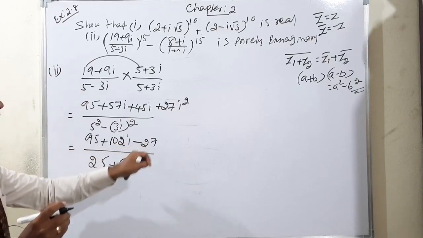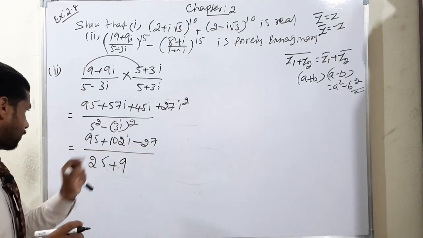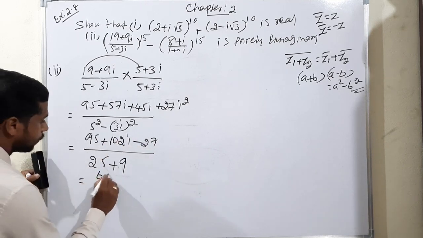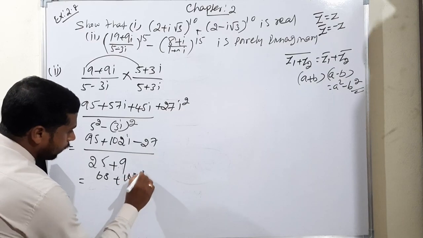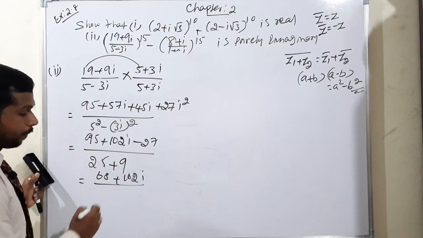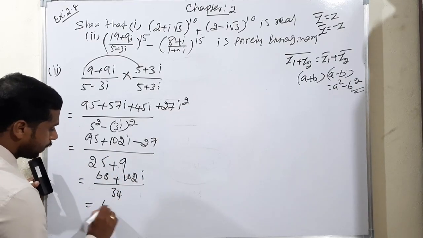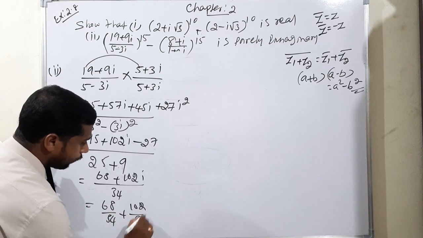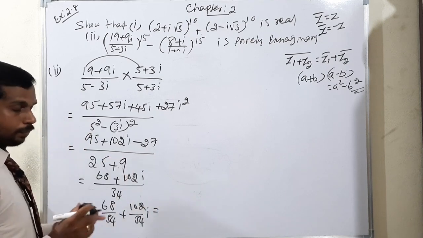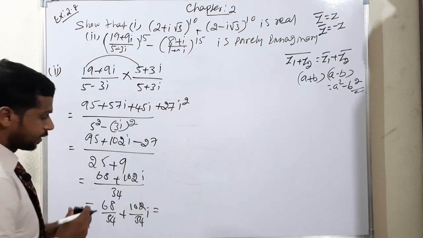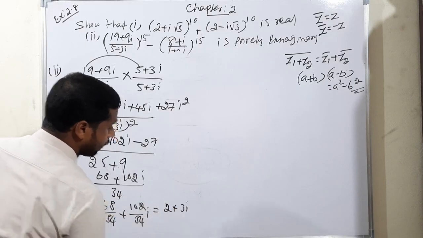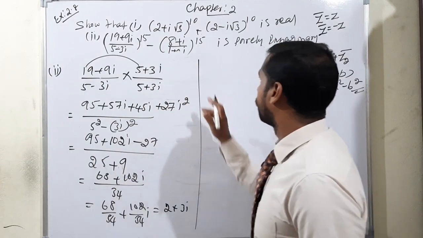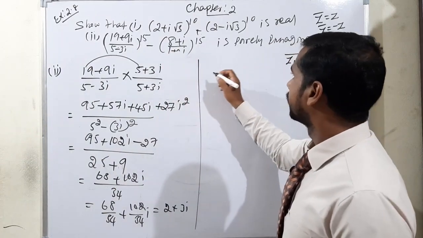Then 95 minus 27 is 68. So we get (68 plus 102i) divided by (25 plus 9), which is 34. Separating, 68 by 34 plus 102 by 34 i. 34 plus 34 is 68, so it is 2 times. So we get 2 plus 3i. The first term is over. Moving to the second part. What is our second part? 8 plus i.